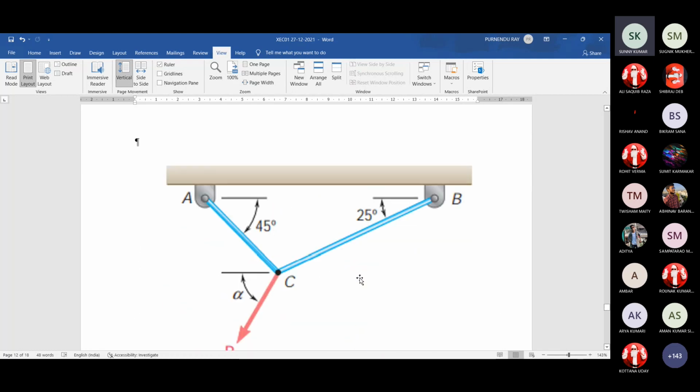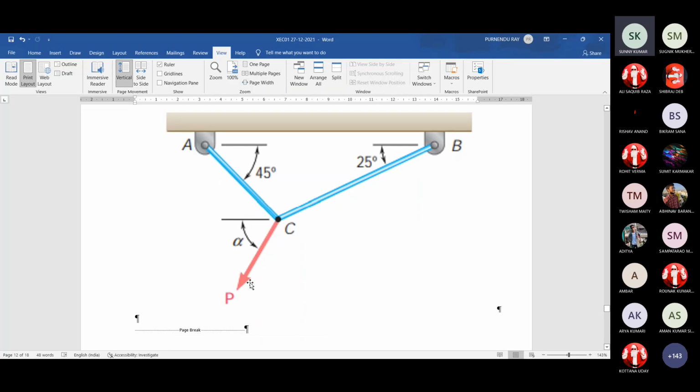Here is another. If the alpha value and P value are given, that is the straightforward way. For these given 45 and 25 degree angles, what are the forces developed? Now, if P and alpha both are unknown, then definitely the other two things must be known. That means this member force BC and member force CA must be given, because for this situation we can write down only two independent equations, from which we can solve only two unknowns.